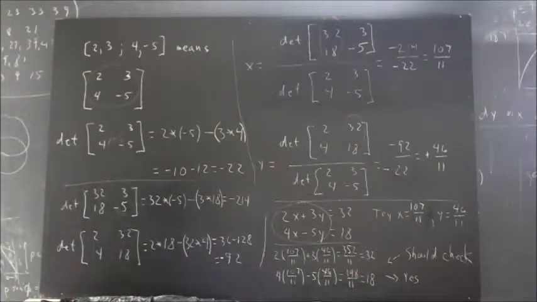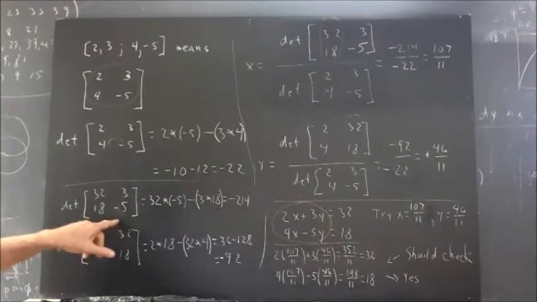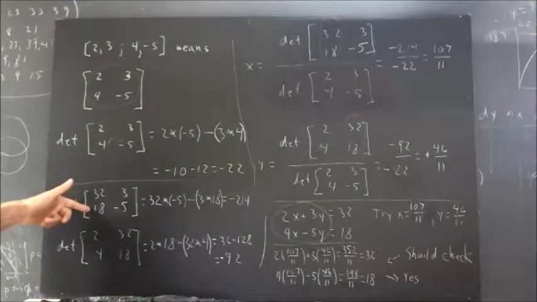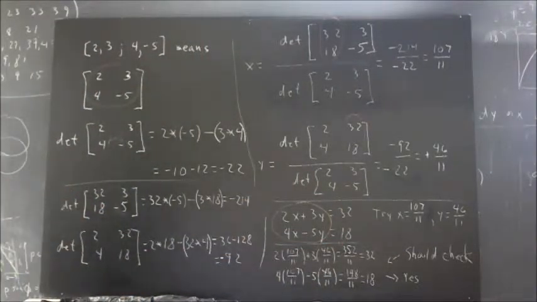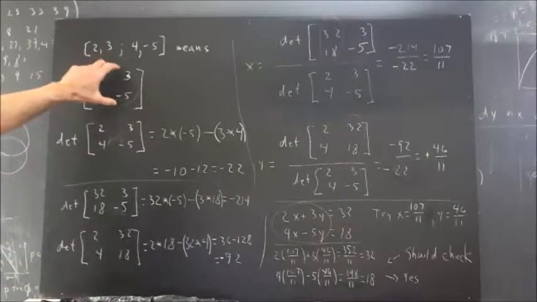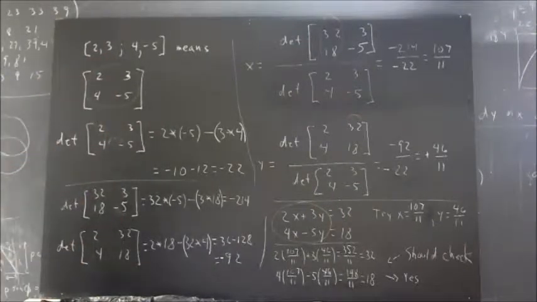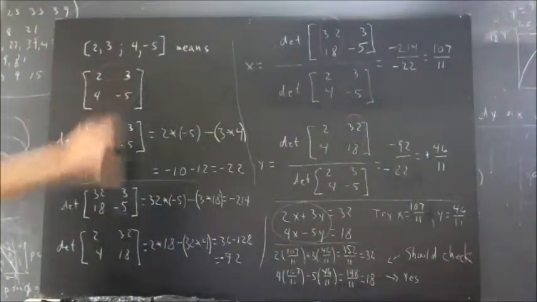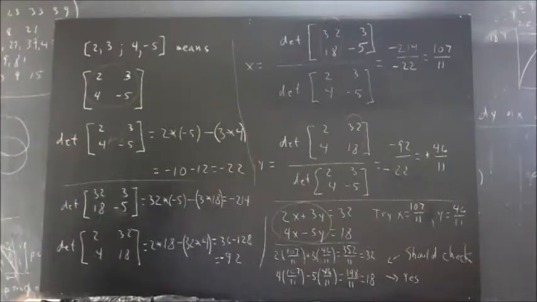Now there are a couple of other things that we see. If we look at this matrix, we see our 32, 18 in the first column. And the second column is the same as that of the coefficient matrix, the 3, negative 5. So we take our 32, 18, put it here, our 3, negative 5, and put it here. You might wonder why, but I'm going to explain that in a minute. I just want to show you the pattern, okay?